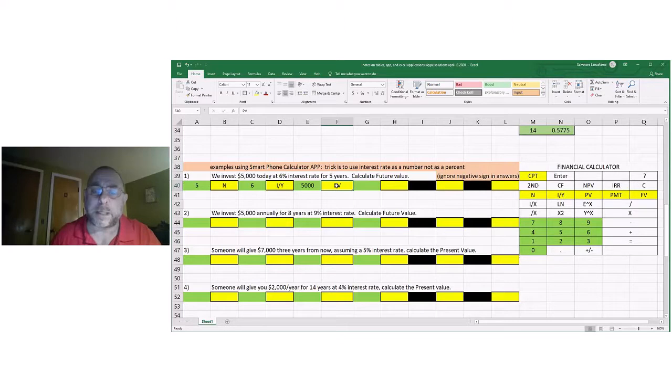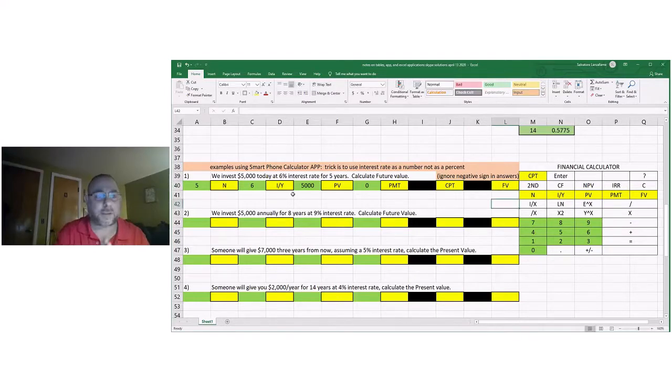If you have an annuity, then you have to use payment. Payment means annual payments. So we don't have any annual payments, but I have to tell the calculator that we are not dealing with an annuity. So I have to enter 0, no annuity, basically. Then I hit compute, CPT, and what am I trying to figure out? Future value.